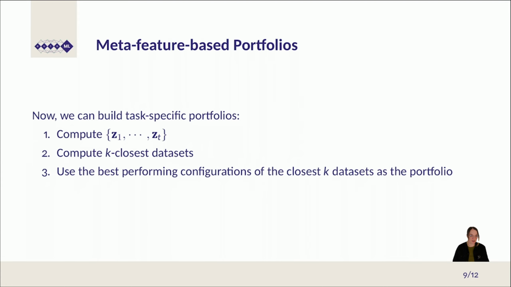So based on this, we can now also write down our updated portfolio building. We compute our meta feature vectors for all data sets, including our target data set. We compute the k closest data sets, and we use the best performing configurations of these data sets as the portfolio.